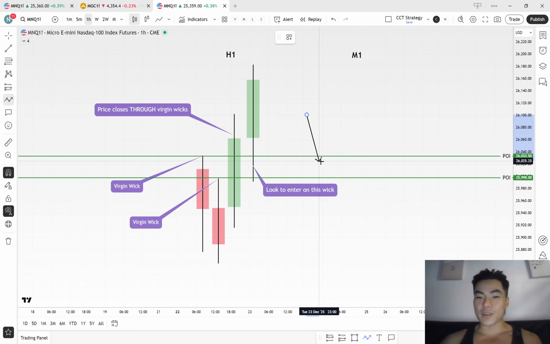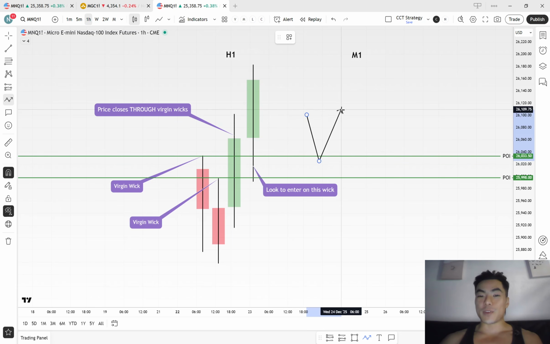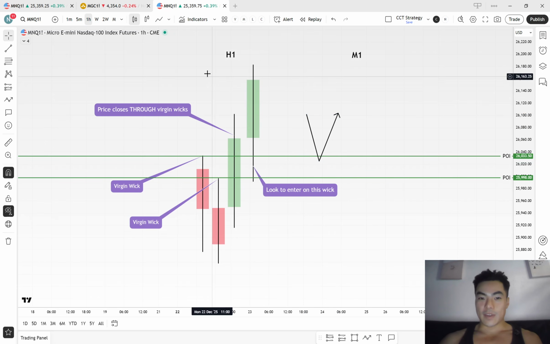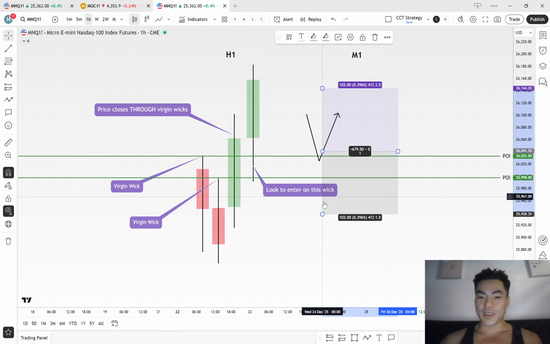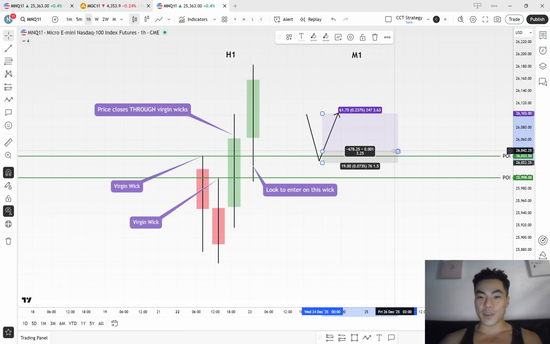Let's say it's this one. You want to see price close underneath this POI and then close back above it. And then that's when you enter your long position, targeting this high. So this would be where you enter, stop underneath that low, bang, there you go, there's your trade.